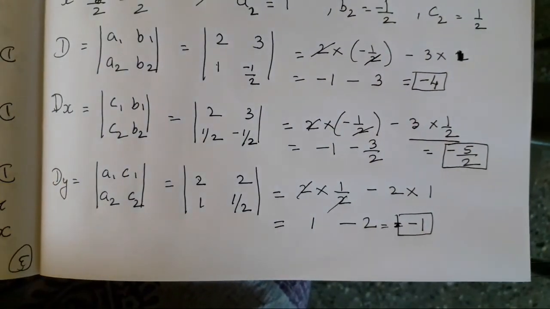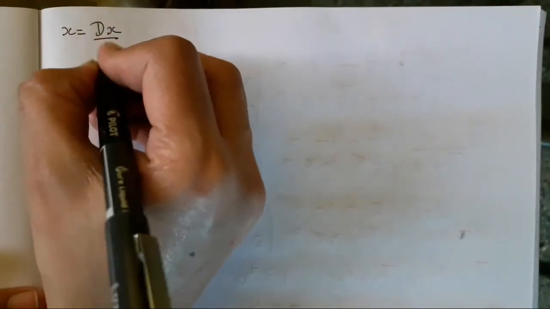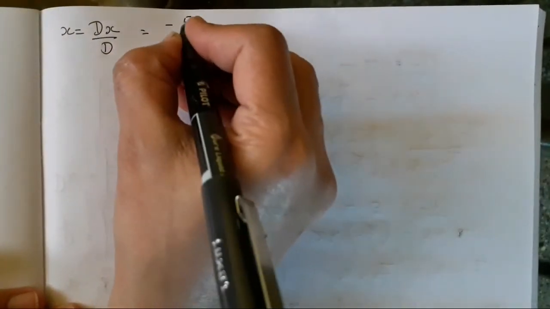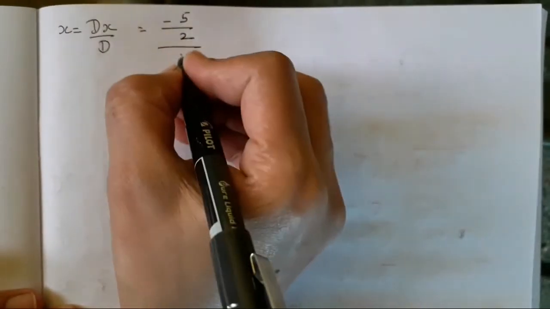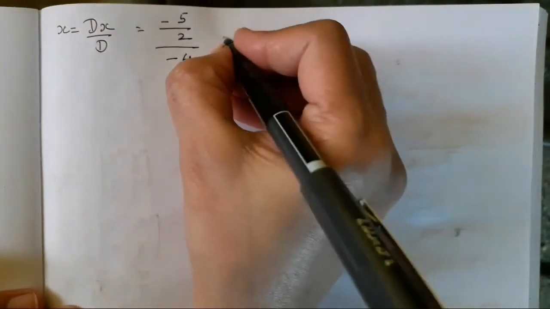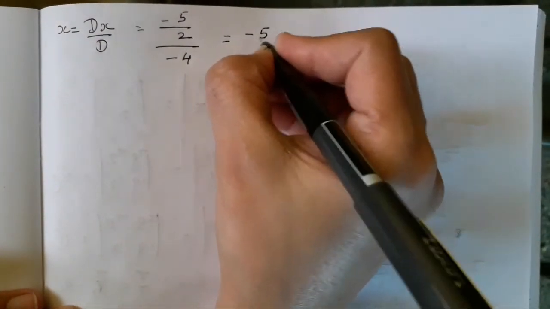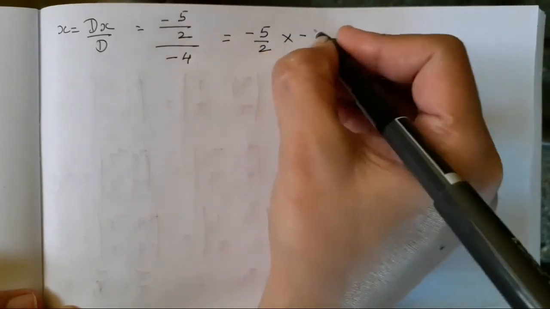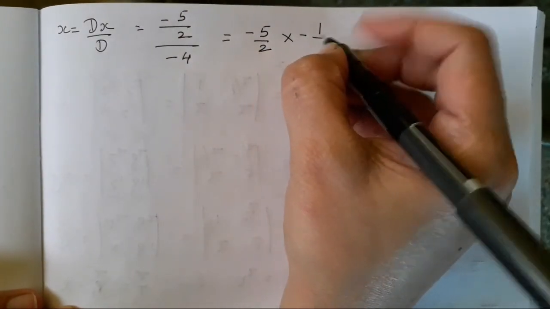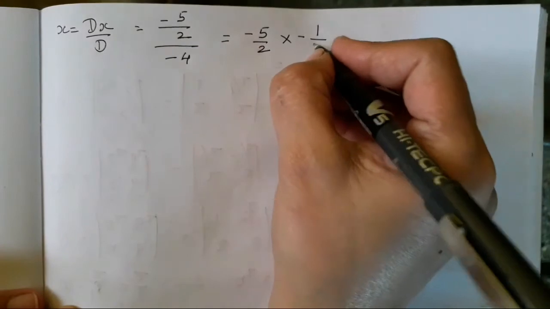Okay, now substitute in Cramer's rule. For this, x is going to be dx upon d, which was supposed to be minus 5 upon 2 upon minus 4. So first we will write it in the simplest form. Okay, 1 upon 4.